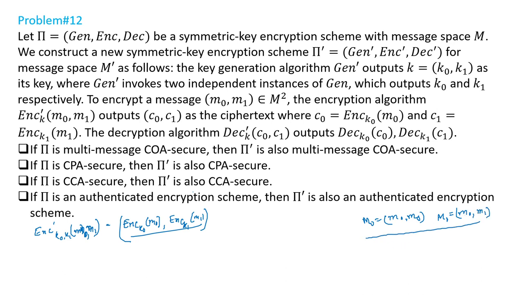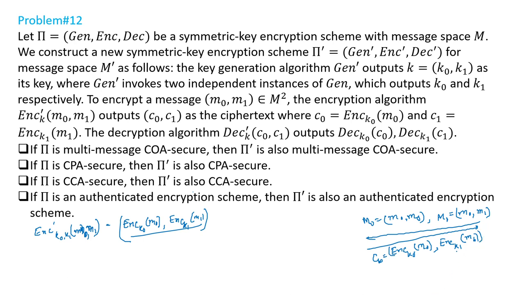So they are the two messages, and your challenge ciphertext is the encryption of any one of them. So it has the form Enc_k0(m0), Enc_k1(m_b). This is your challenge ciphertext.